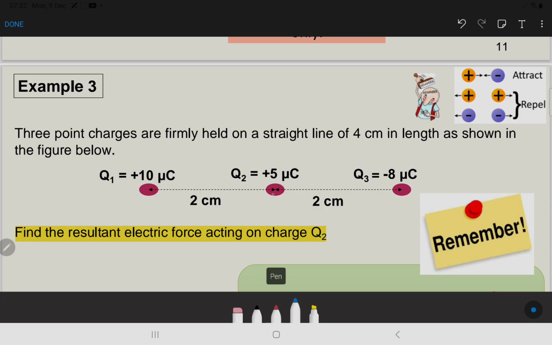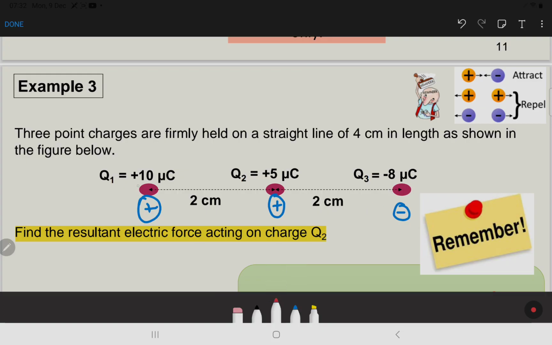So this is the charge Q2, positive, and over here we have charge Q1, positive, and Q3, negative. How many forces will you have acting on Q2? You will have 2, that is by 1 and also by 3.